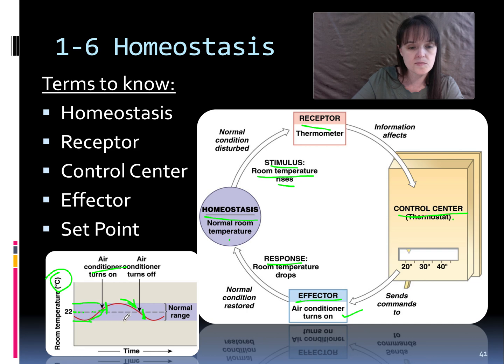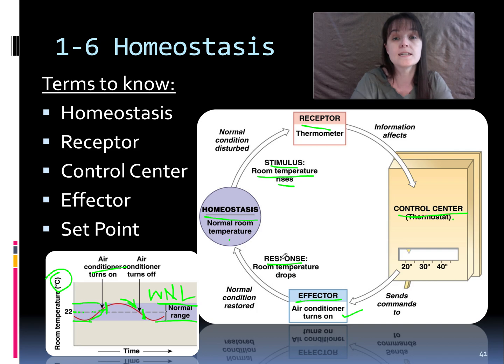And this normal range here, in medical speak, we put as WNL, all caps. And what does that stand for? Those of you who work in healthcare may know that this means within normal limits. So when you set the temperature at 75 degrees Fahrenheit or 22 degrees Celsius, whatever it is you set your temperature at, how often is it right at that temperature?